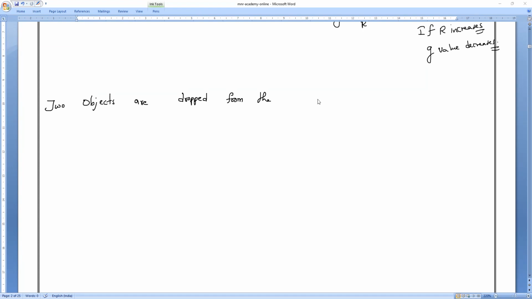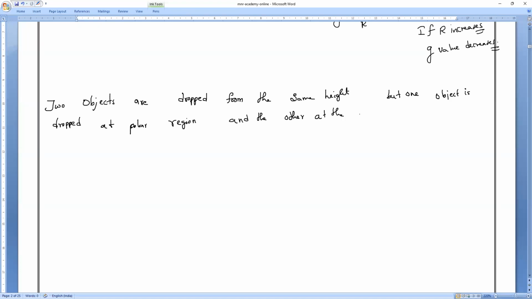So if you are understanding, that's fine. Okay, let me write this question, everybody. Two objects are dropped from the same height, but one object is dropped at the polar region, and the other object at the equator.